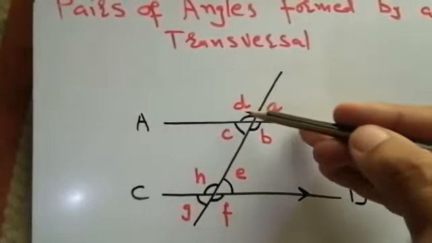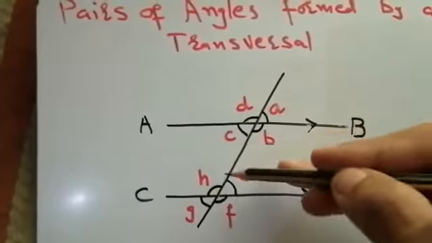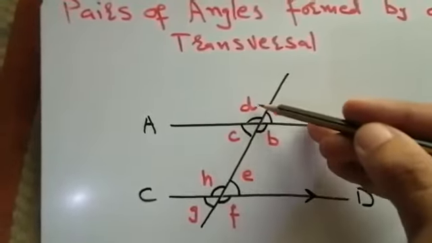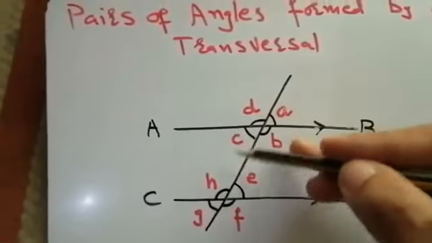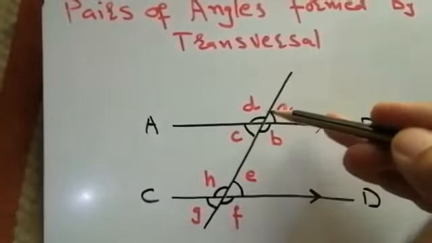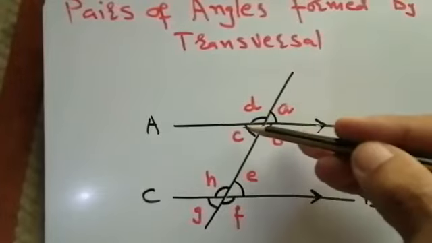In the same way, if you look at the left side of this transversal line, you will find angle D, and its corresponding angle is going to be angle H. If you use a protractor, you will find that angles D and H are equal in size, and these two angles are formed on the left side of the transversal line above the parallel lines.